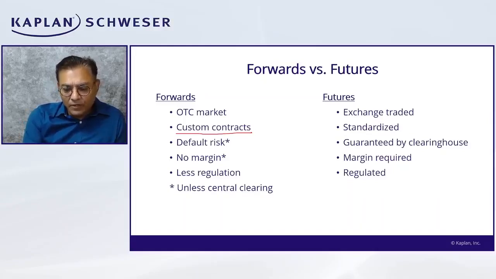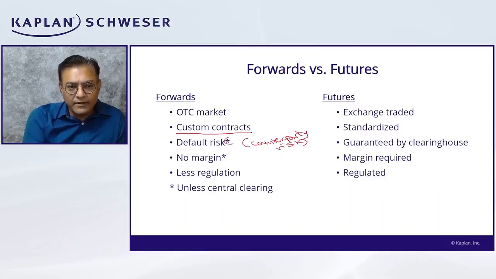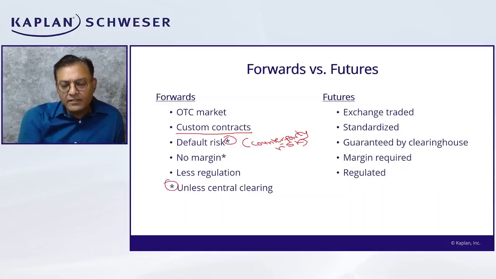There is default risk consideration, meaning counterparty risk, and there is an asterisk there to indicate unless there is central clearing. If there is central clearing, then the default risk or counterparty risk becomes no concern to the participants, because the counterparty risk is managed by the CCP, the central clearing party. No margin is posted, again unless there is central clearing.